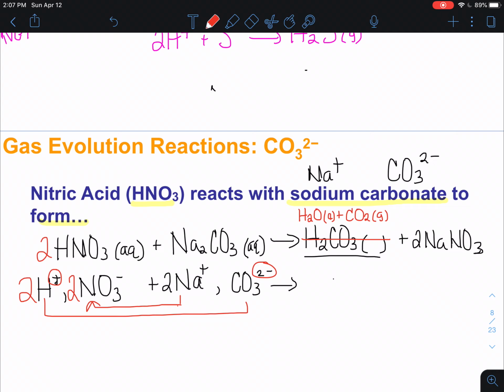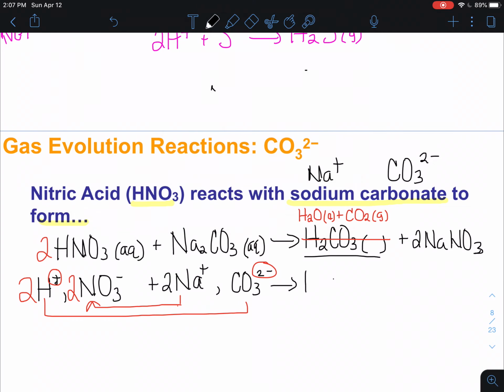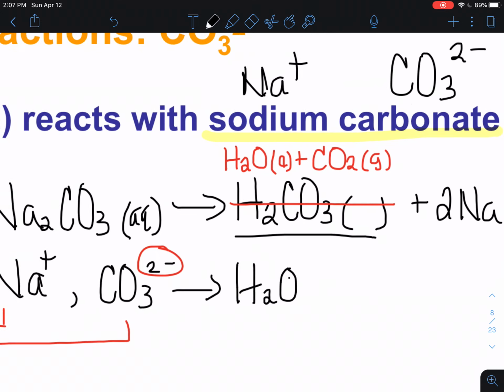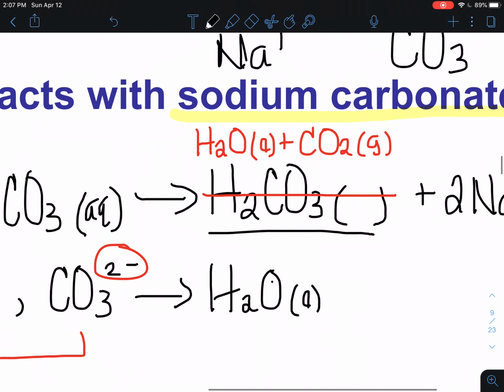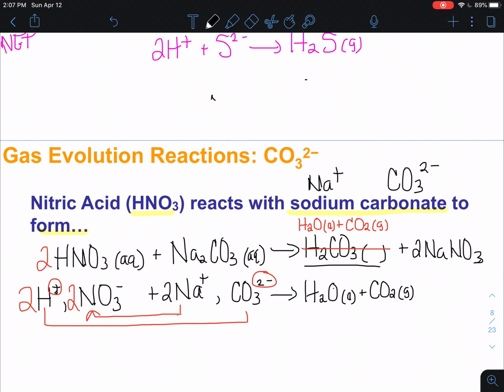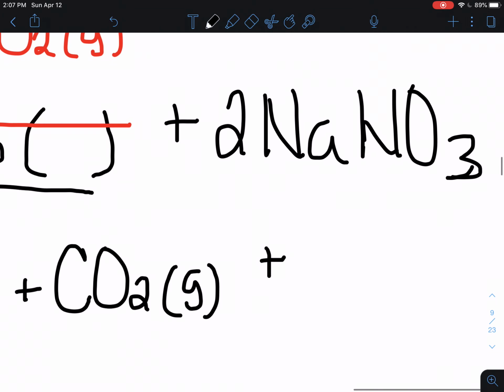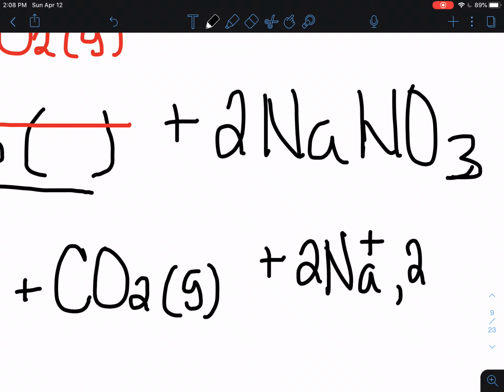Now we can complete the net ionic by bringing down H2O liquid. Again, we're going to bring that down because it's a covalent compound. CO2 is also a covalent compound. It's a gas, so it's not soluble in, well, it is slightly soluble in water, but that's not what we're getting at right now. And we're still not going to break it up because it doesn't ionize. 2Na plus, 2NO3 minus.